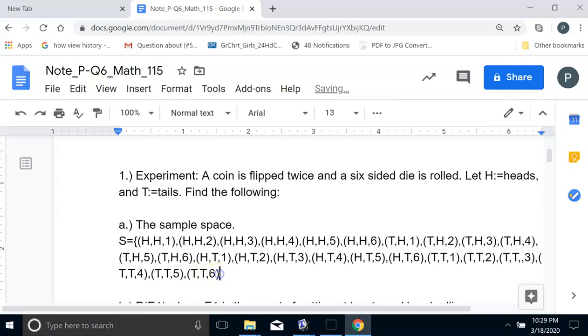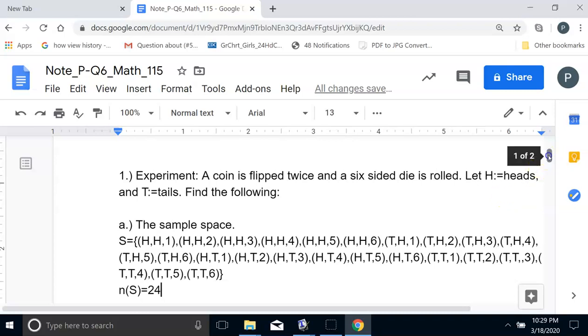So let's close the brace at the end here. If you count how many outcomes we have, you can see there's going to be 24 here. So let's say the number in S is 24.